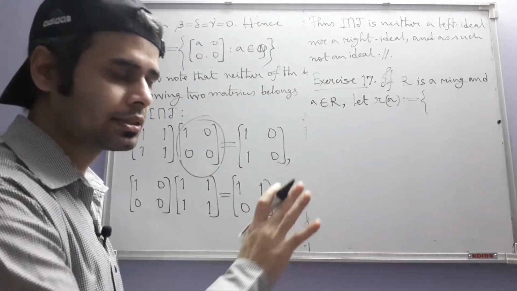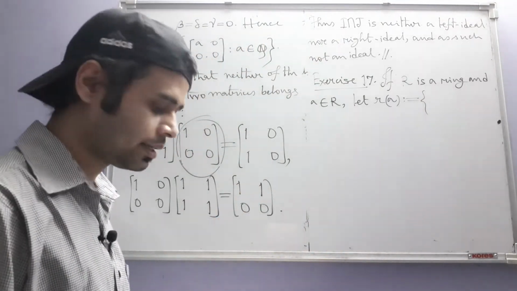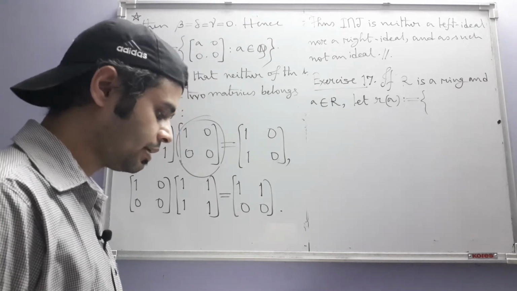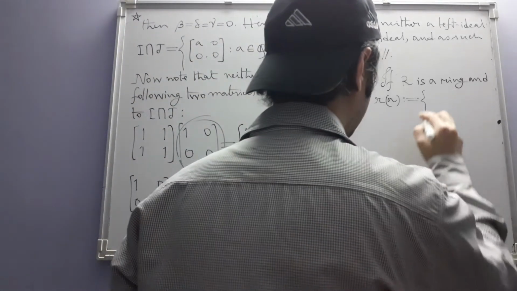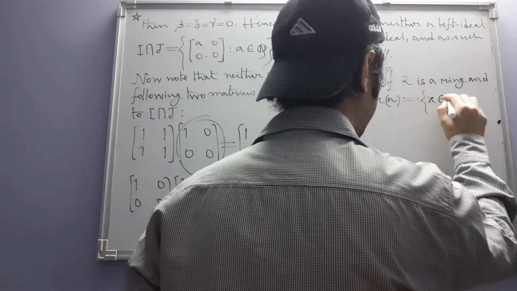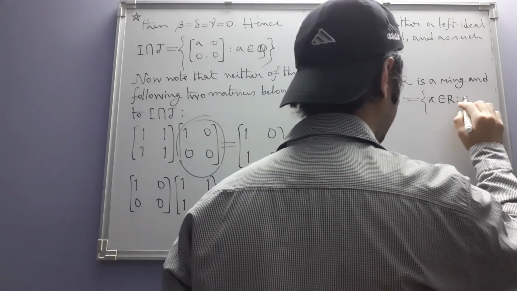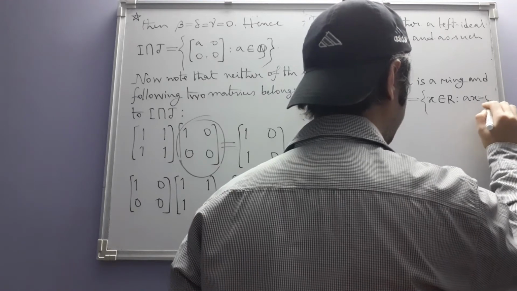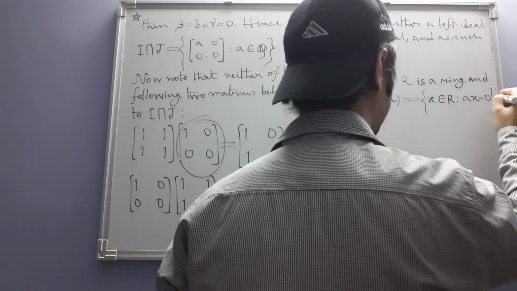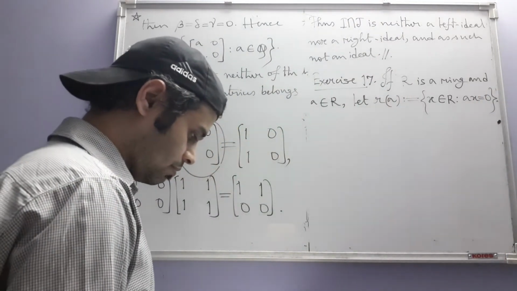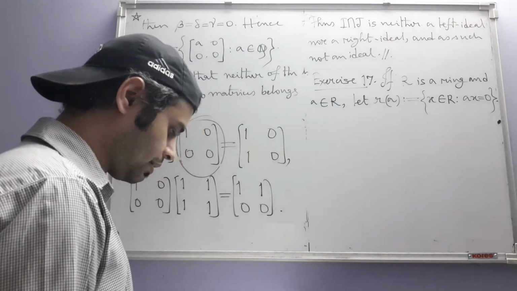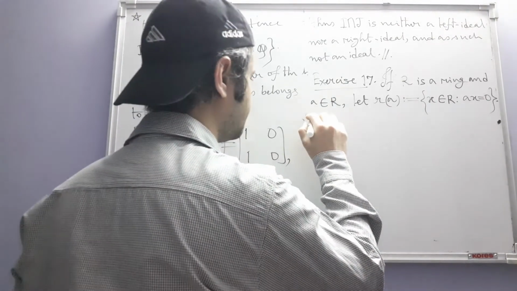We are going to define a subset, then we will be asked to show that it is a left or a right ideal, things like that. It is the set of those elements in the ring such that if you multiply A by such an element from the right you get 0. What do we have to show? Prove that RA is a right ideal of R.